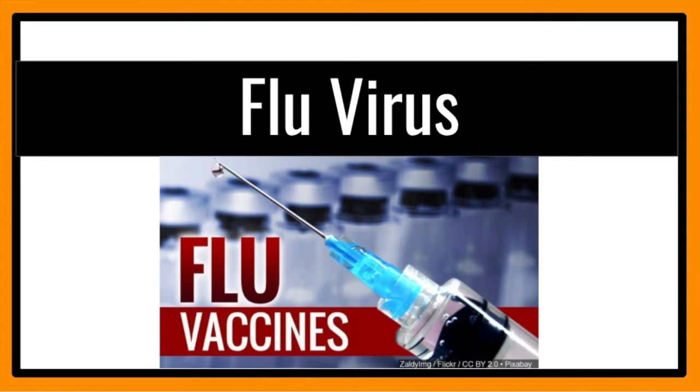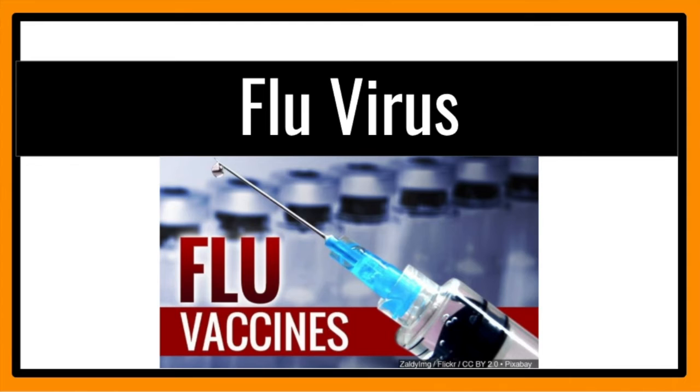According to the CDC report, about 8% of the US population gets sick from the flu each season. For last year in 2019, for example, the CDC estimates that between 39 and 56 million people in the United States got the flu.